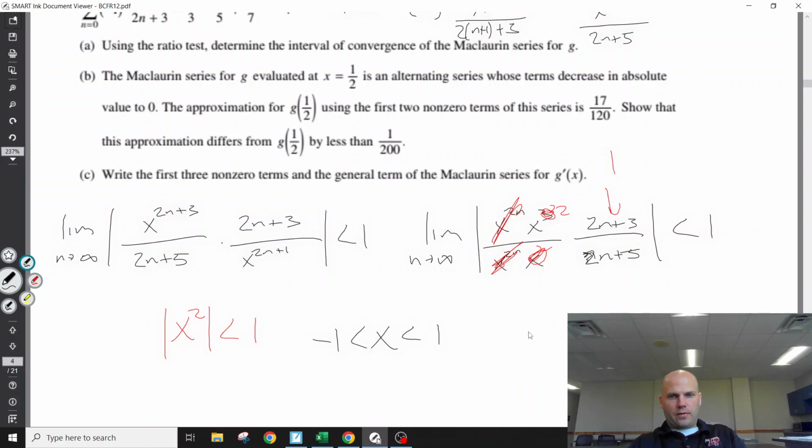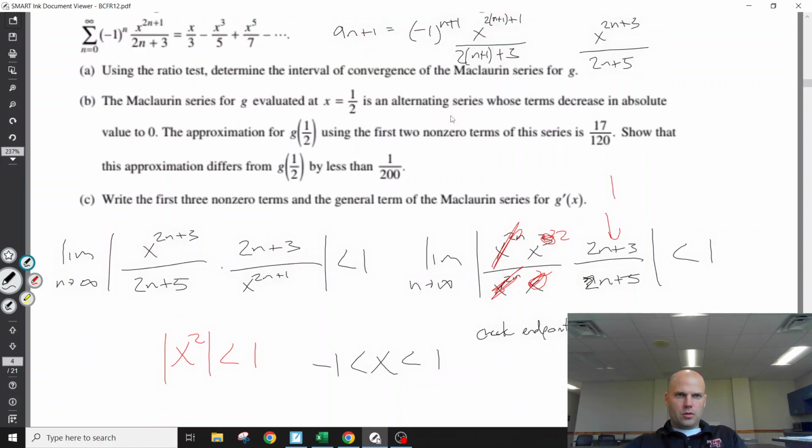We need the interval of convergence. We need to check our endpoints. This is absolute convergence because we looked at the absolute value. So let's plug in 1. The negative 1 to the n is back.